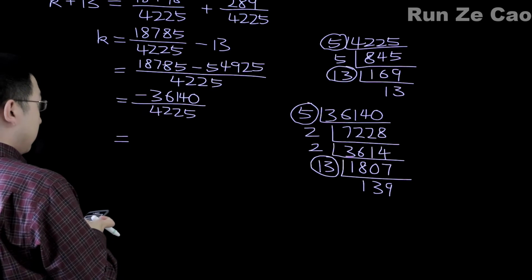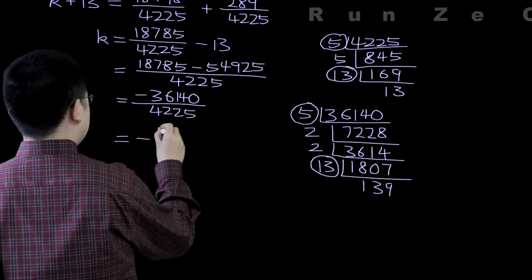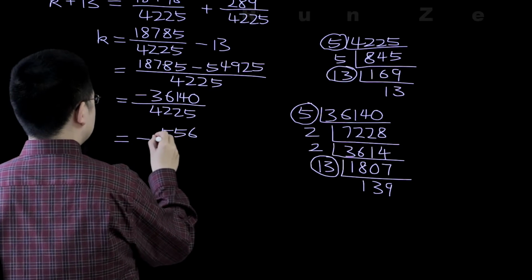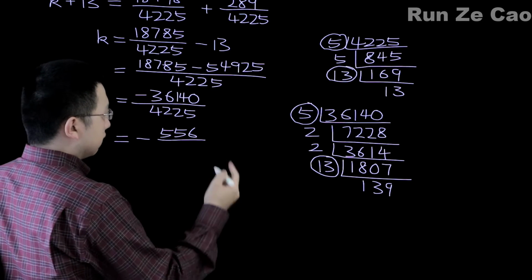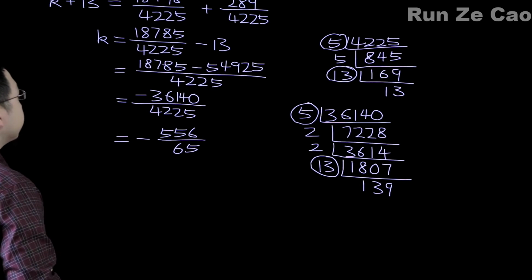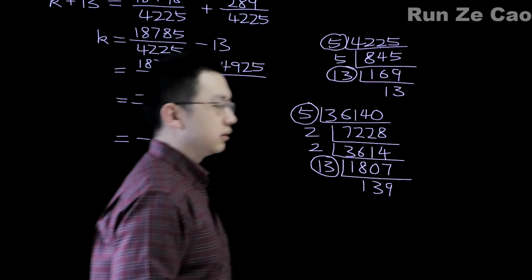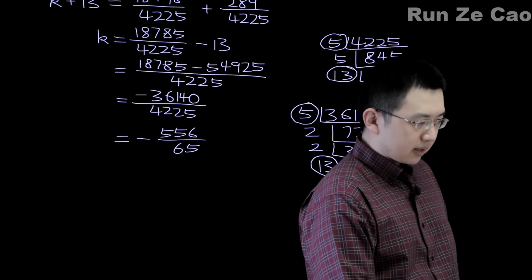So what this cancels out to is 36140 divided by 65, negative 556 over 4225, which is 65 squared, so 65. Okay, so this is the value of k at which this whole thing is tangent.